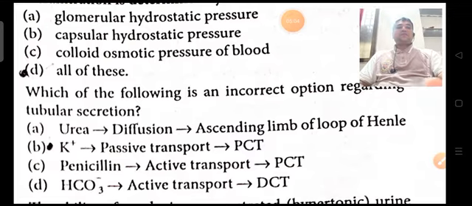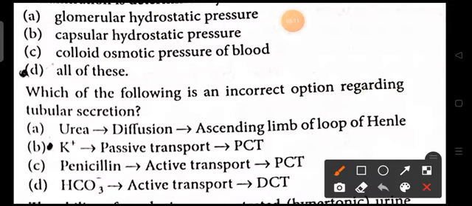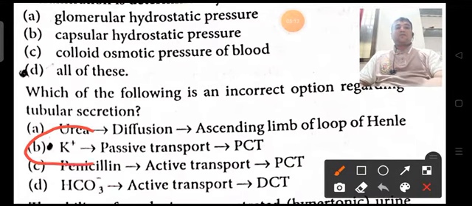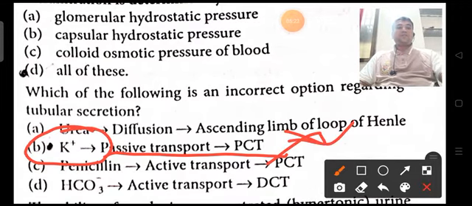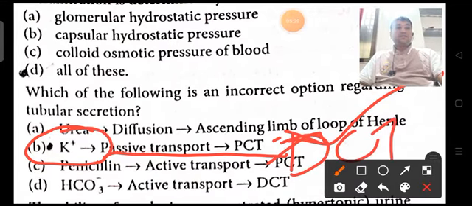K plus ion passive transport in the PCT. K plus ion is actively transported in the DCT, distal convoluted tubule. So here this option looks to be the right option, and K plus secretion occurs in the DCT.